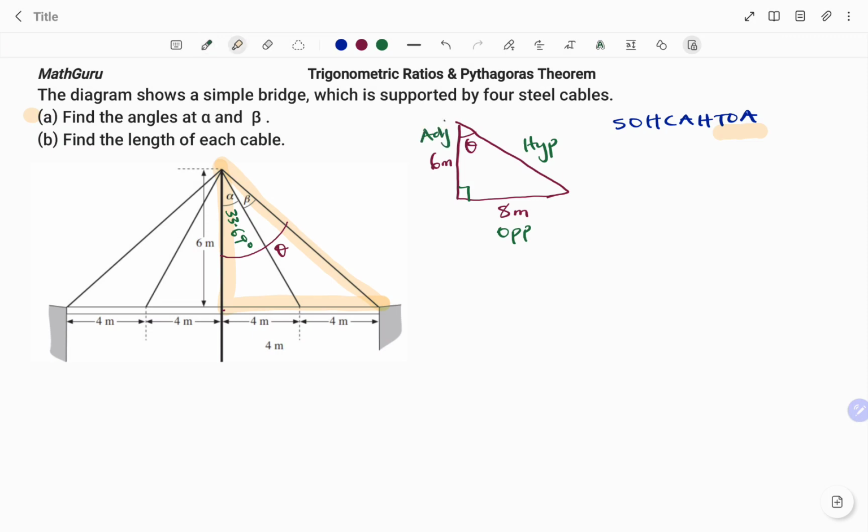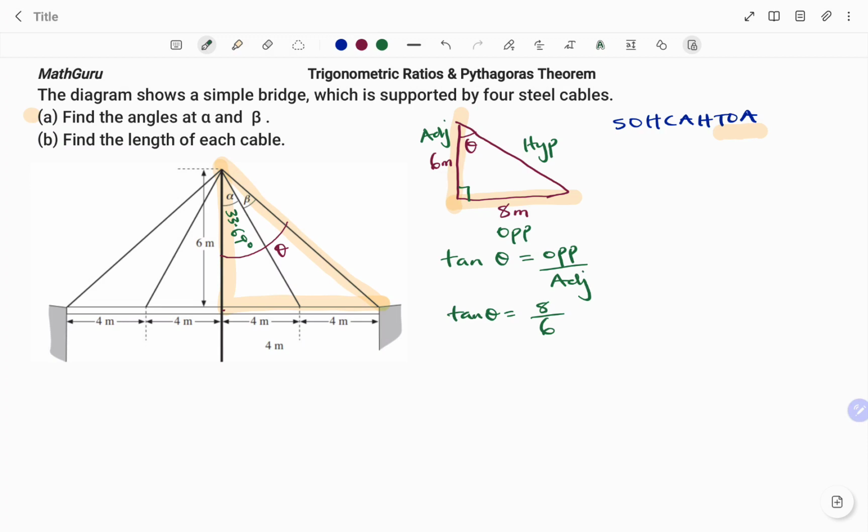Because I have my adjacent and my opposite, if I go back to my acronym, the trig function that uses adjacent and opposite is my tan. So I have tan of the reference angle, which is theta, equals opposite over adjacent. Tan theta equals opposite, which is 8, over adjacent, which is 6.